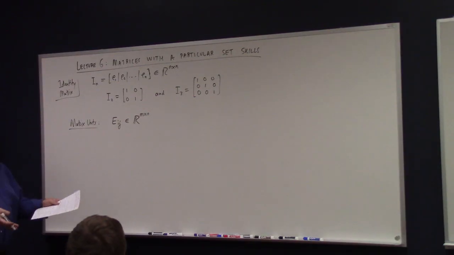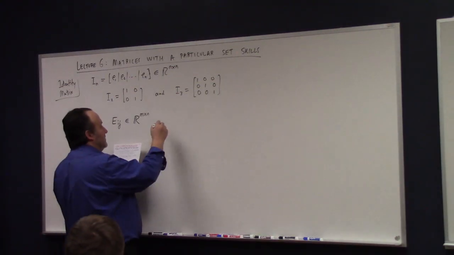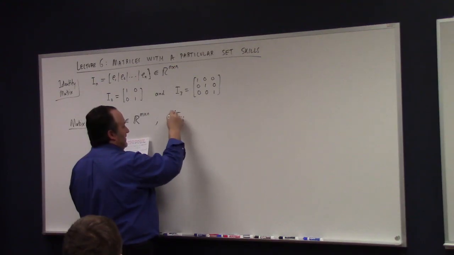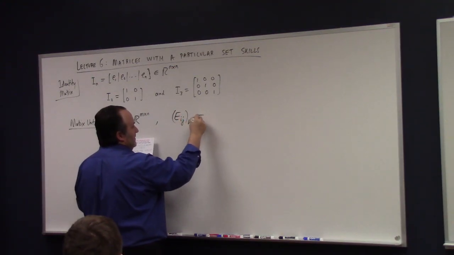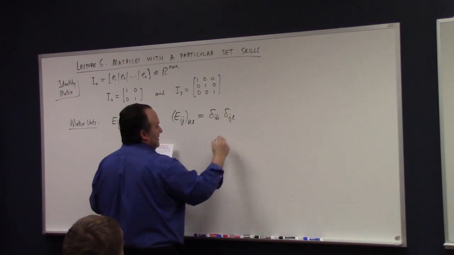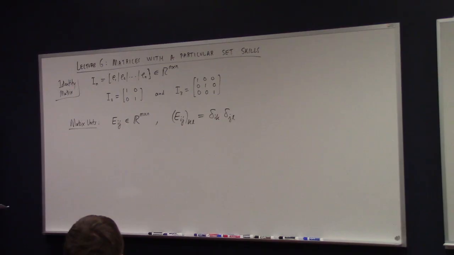These matrices cannot be inverted, all right? They don't even have to be square. We could talk about a rectangular matrix unit. And the definition for this one is that if we look at the ij component, we can write it as Kronecker delta ik, Kronecker delta jl, which is just a fancy way of saying it's 1 if i is equal to k and j is equal to l, and it's 0 otherwise, right?